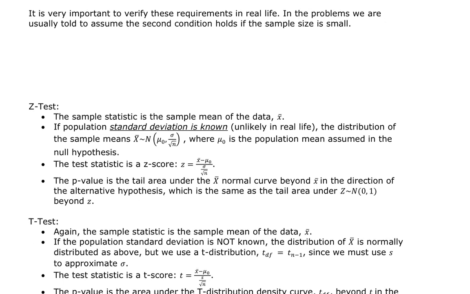So when those hold, then our choices are either a z-test or a t-test. We use a z-test when the sample statistic is the sample mean of the data, x bar, and the population standard deviation is known, which is really unlikely. The distribution of the sample means will be normally distributed with mean mu and standard deviation sigma divided by the square root of n, where mu is the population mean assumed in the null hypothesis.